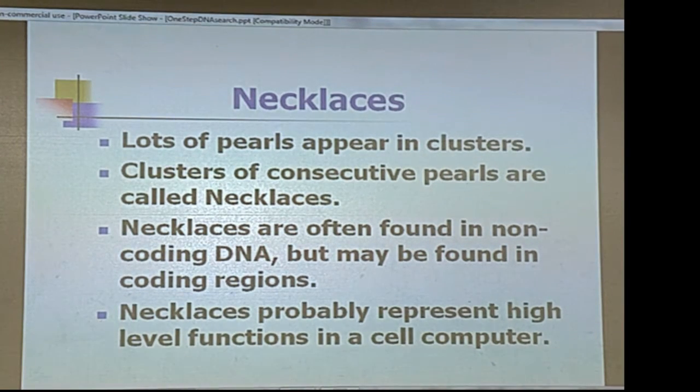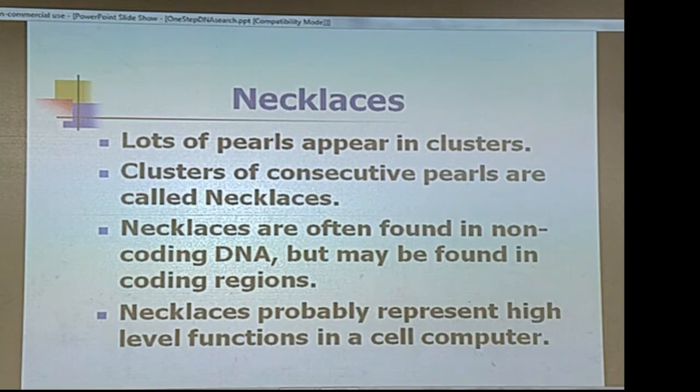It makes geneticists think that their assignment of proteins or genes may not be correct. Okay, so it's another way to look at the genome. And I think necklaces probably represent high-level functions in a cell computer.